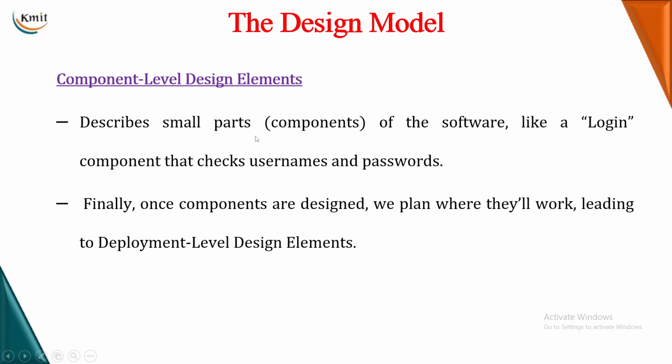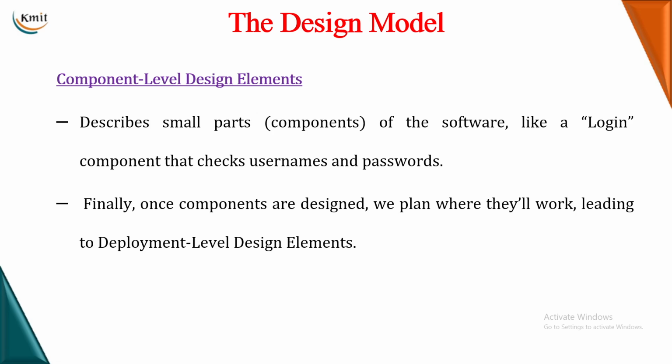For example, as I told you previously, if you have a login component in your software, you might be talking about what is happening inside this login component. It is checking usernames and passwords. So how each individual component works independently and how it connects with the whole software is taught in this element, which is called the component level element.